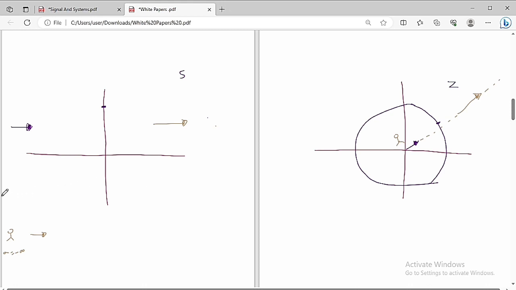So you can see as you come from minus infinity to sigma equal to 0, you will go from the point circle to the unit circle.